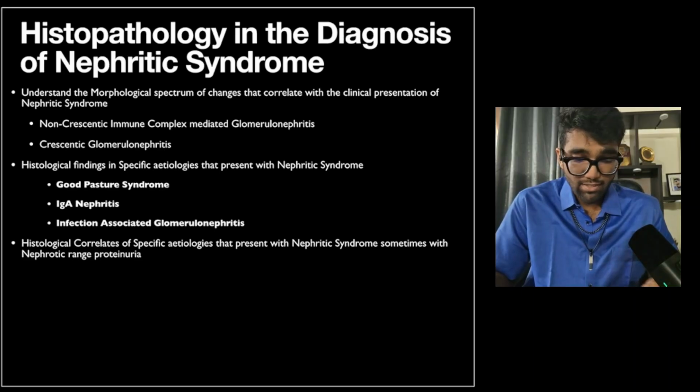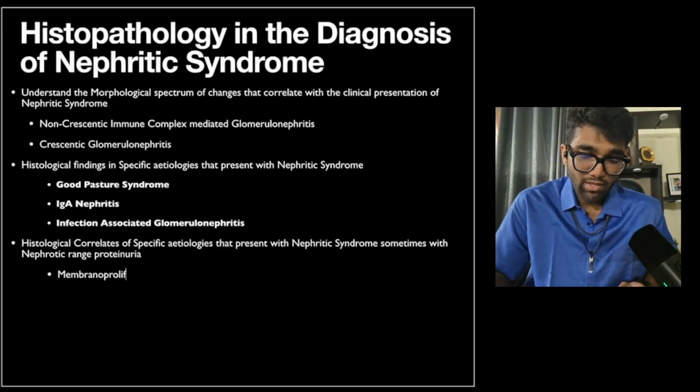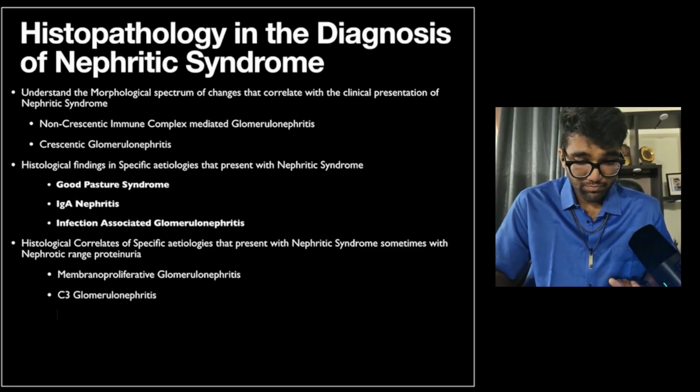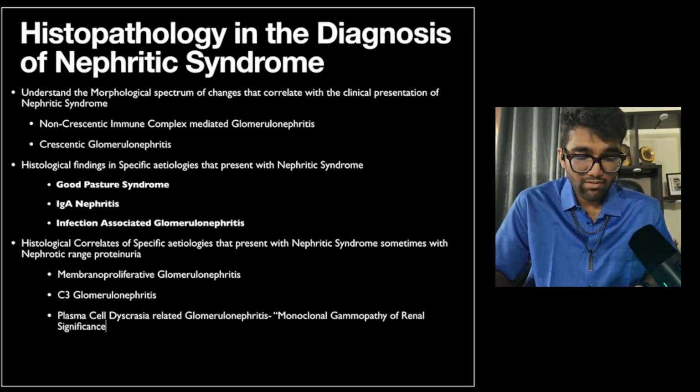But in the next discussion, we'll also discuss the histological correlates of specific etiologies that present with nephritic syndrome, sometimes with nephrotic range proteinuria. That will be basically membranoproliferative glomerulonephritis, C3 glomerulonephritis, and plasma cell dyscrasia associated glomerulonephritis, what has been called monoclonal gammopathy of renal significance, MGRS.